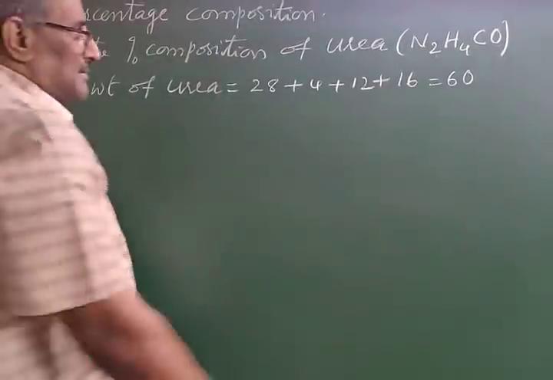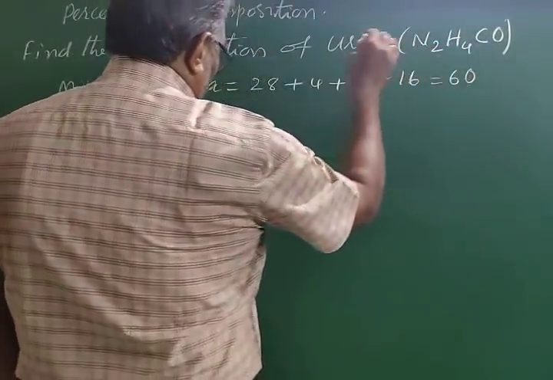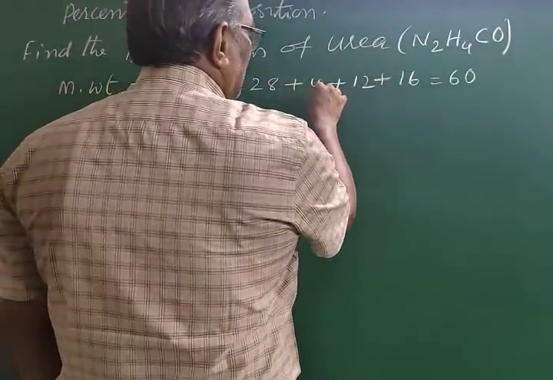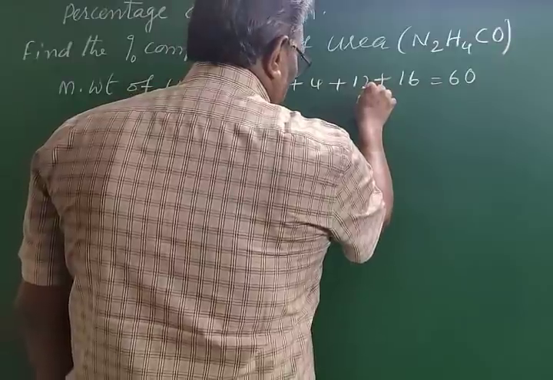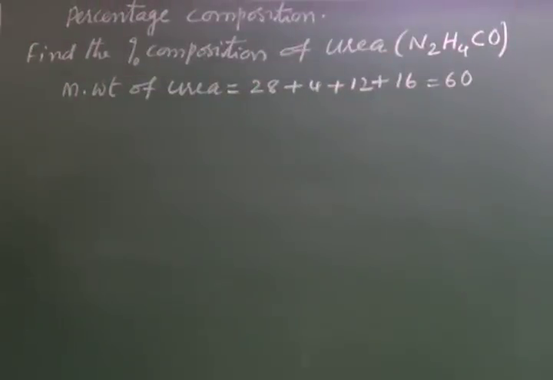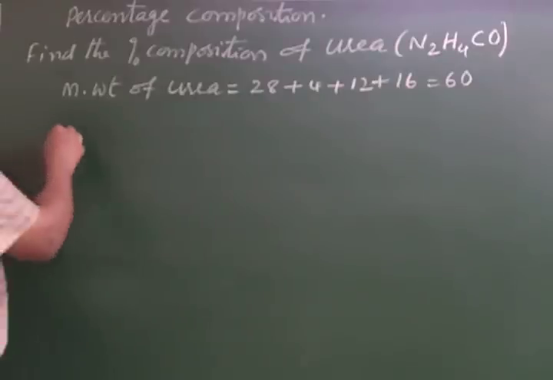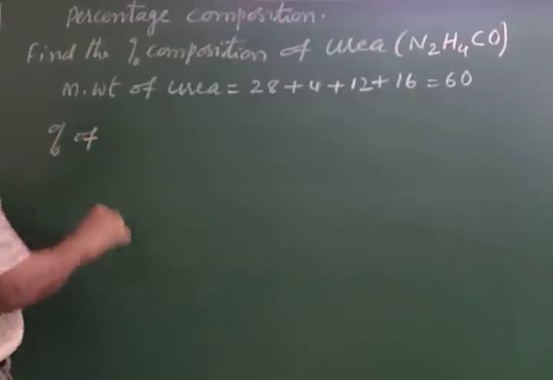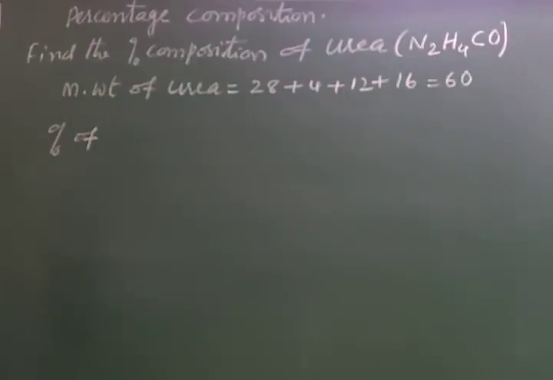That is 60 grams of urea is made up of 28 grams of nitrogen, 4 grams of hydrogen, 12 grams of carbon and 16 grams of oxygen. Okay. Now, what are the different elements present in urea? Nitrogen, hydrogen, carbon and oxygen.